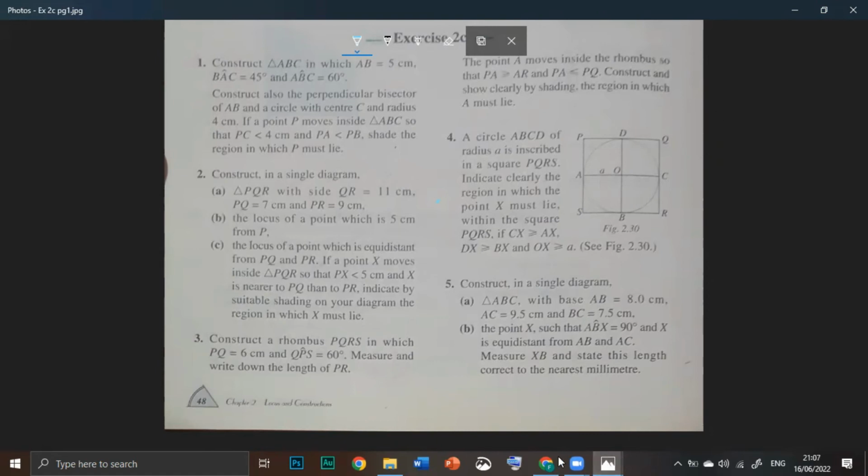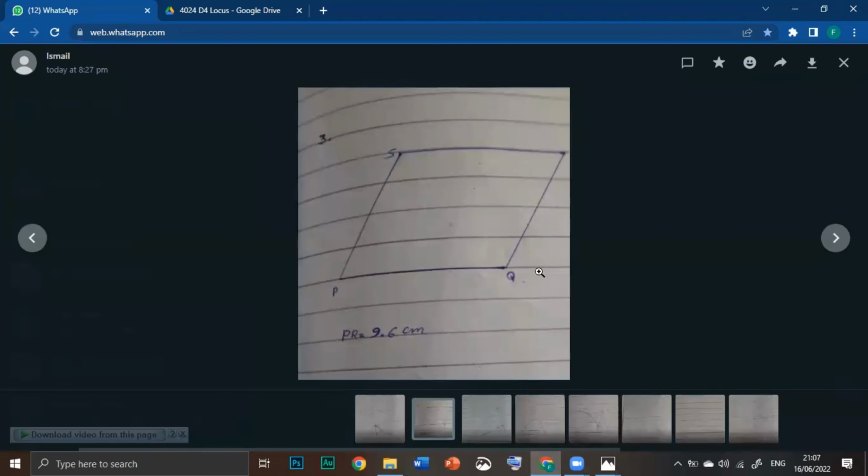Now please tell me the 2 inequalities given in the question. Sir, PA is greater than or equal to AR. First of all, we will convert the inequality sign into an equal sign.